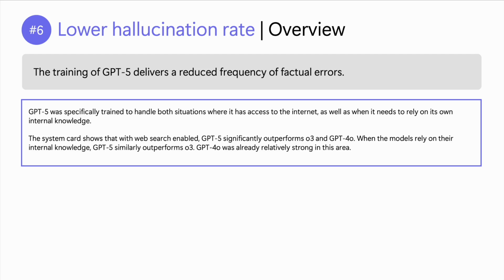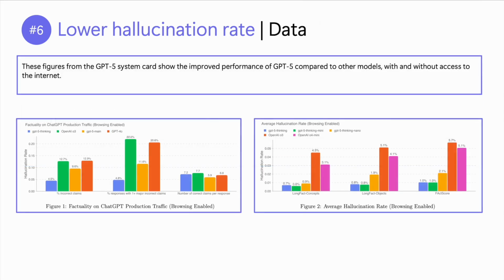And we can see from the system card that GPT-5 significantly outperforms O3 in both scenarios and outperforms 4o on one of those scenarios. 4o is okay actually on one of those other scenarios. So it's a pretty significant improvement in lowering hallucination rates. And this is really, of course, important in production. We want to rely on what the model tells us and not need to run additional groundedness checks at inferencing time, so you can rely on what the model is telling you.